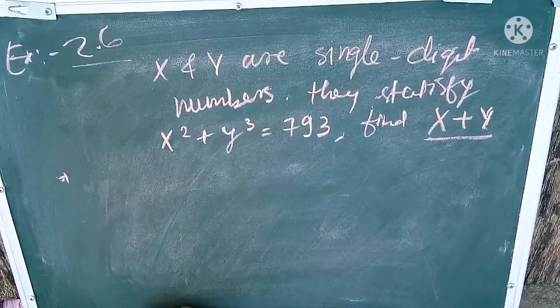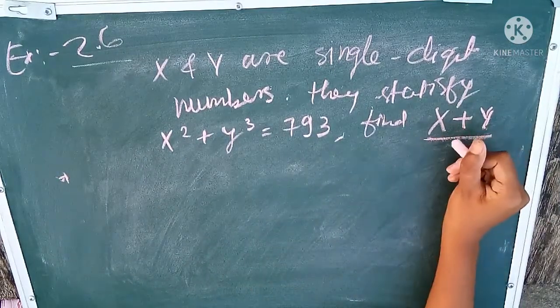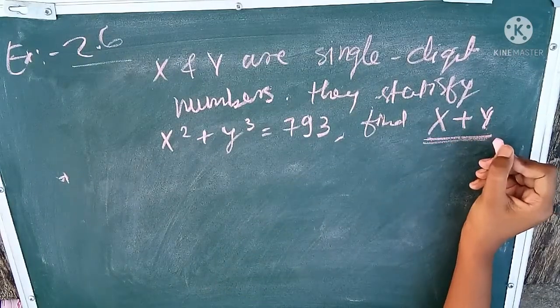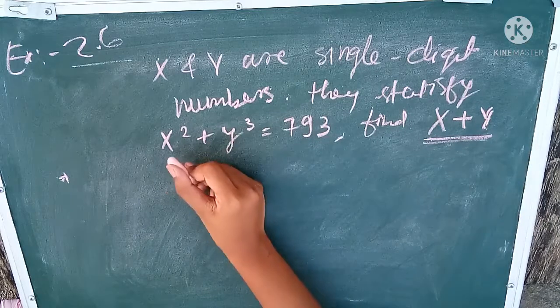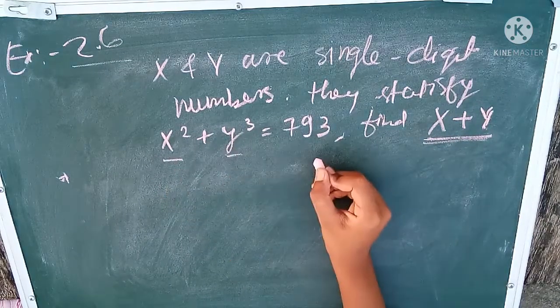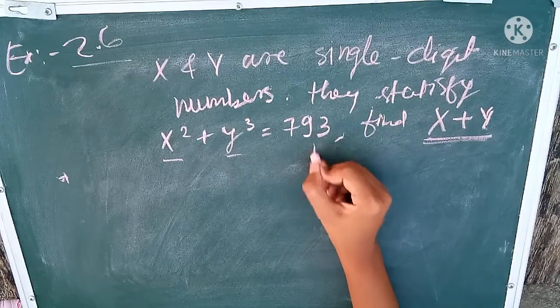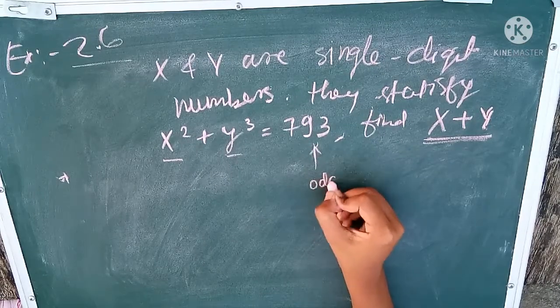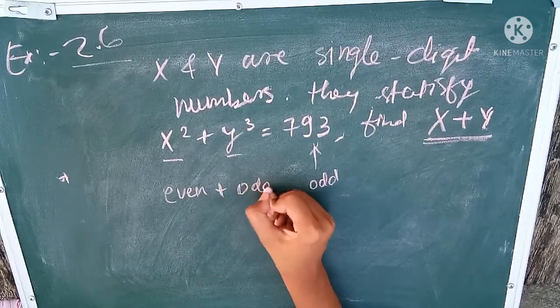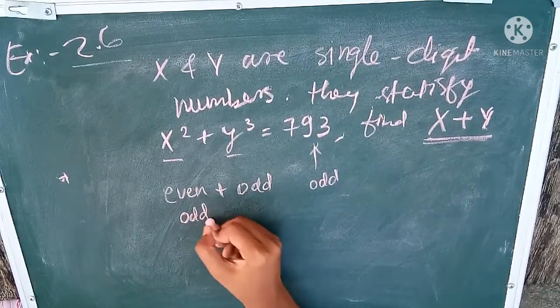For that we need to find the values of x and y separately, and then we will take the sum. We know that the addition of two numbers can be odd if they are either even plus odd or odd plus even.